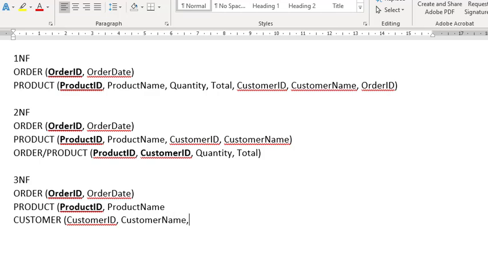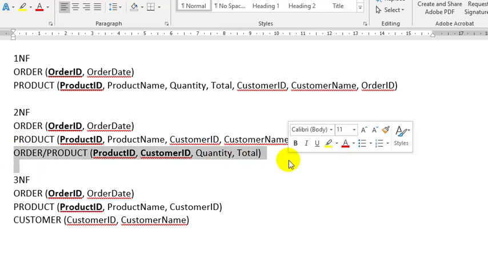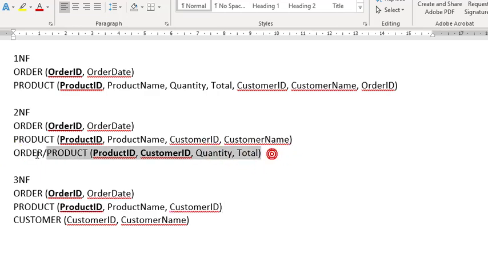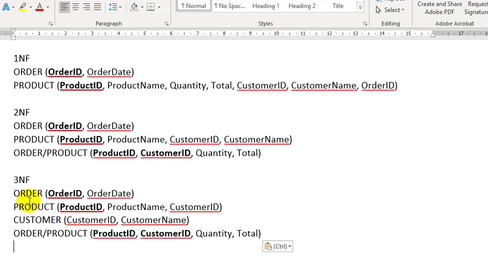Don't forget to put the foreign key here to link between the product and also the customer. In order and product, there is no transitive dependency, so you just write them down again. So in this case, in your system, you're going to have four entities: order, product, customer, and order/product.